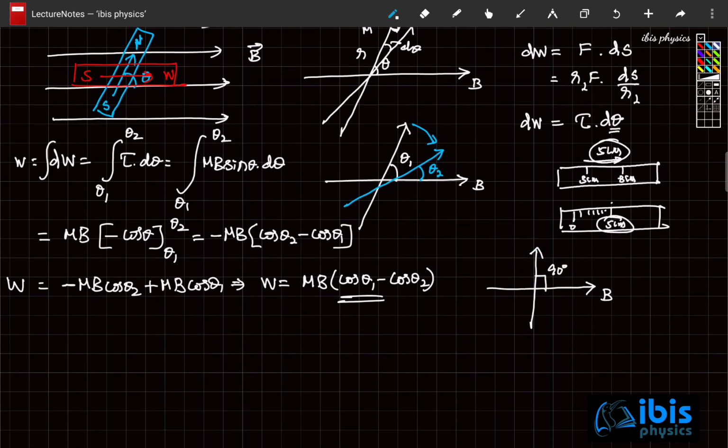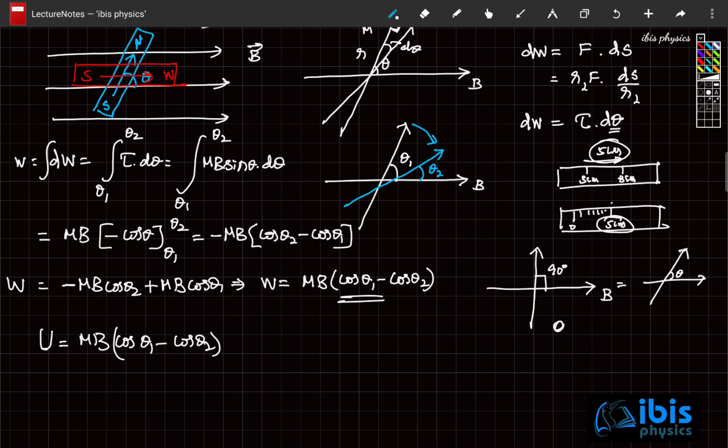So the dipole has 0 energy, and the external work done is the energy of the dipole, which is mb (cos theta 1 minus cos theta 2). Suppose I'm rotating the dipole from angle 90 degree to a particular angle theta.